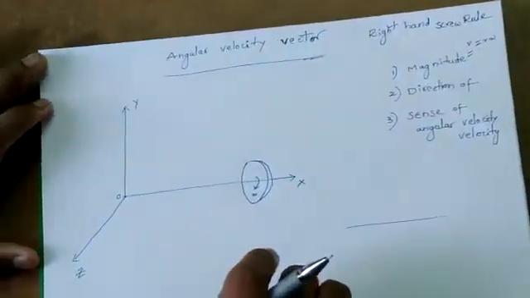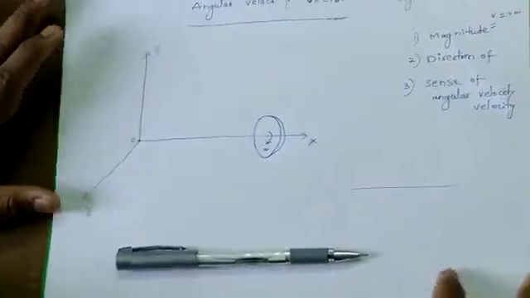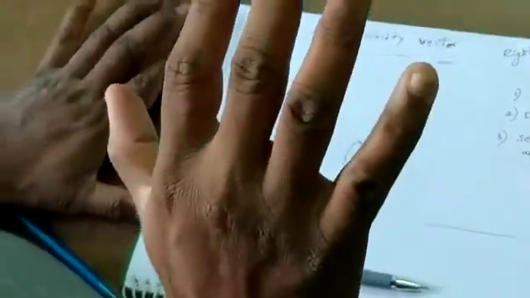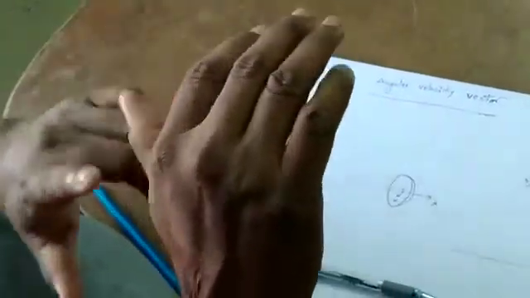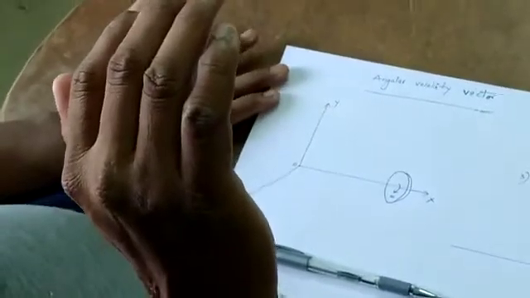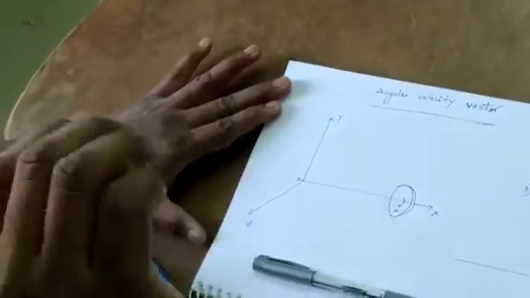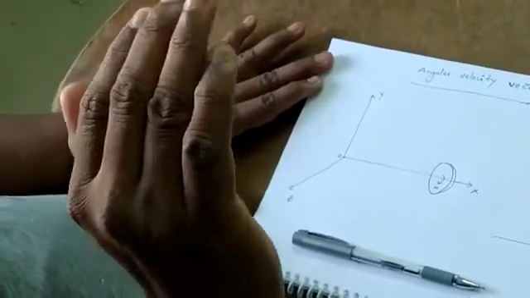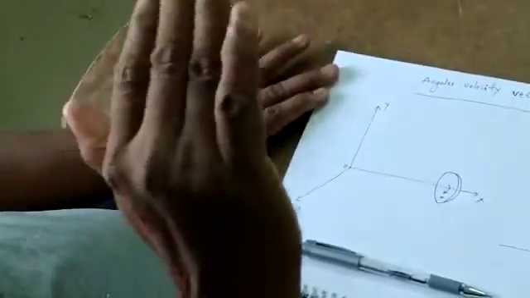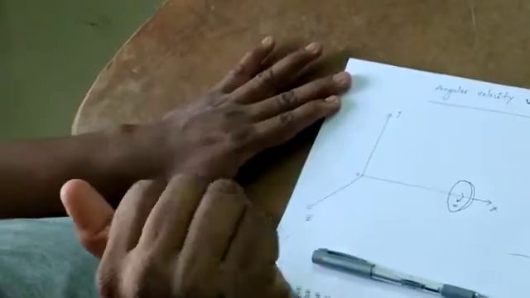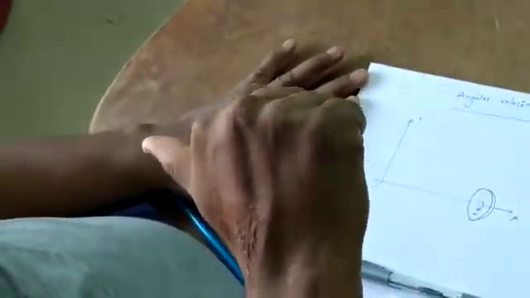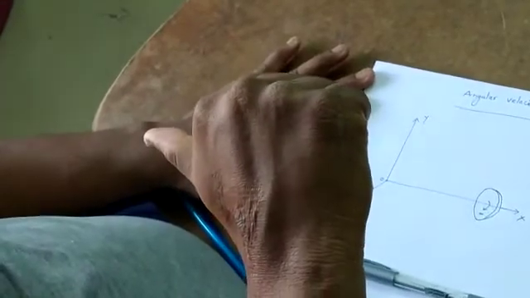For understanding this right hand screw rule, let me take my right hand. For the right hand I have four fingers and a thumb. I am curling my right hand in the direction of rotation of the rotor. Since the rotor is rotating in the clockwise direction, I am curling the four fingers in the direction of rotation of the rotor. So this is clockwise rotation, and the thumb indicates the sense of a vector.